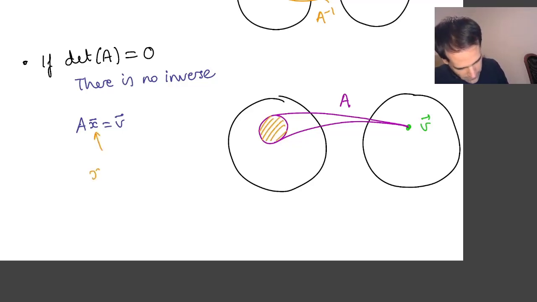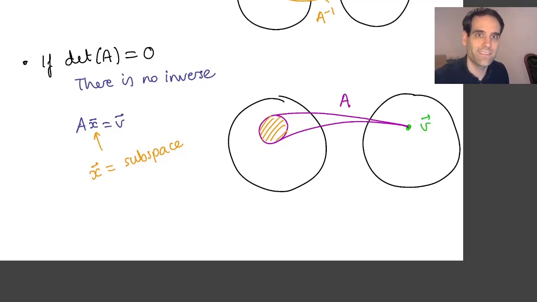So you should say that X equals a subspace, and you should give me which subspace this is.